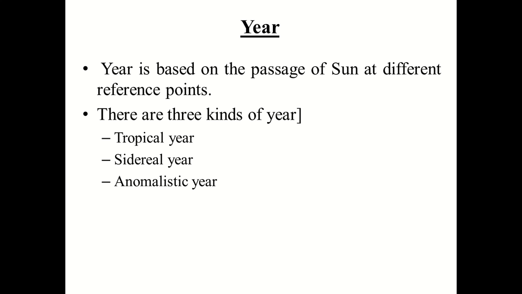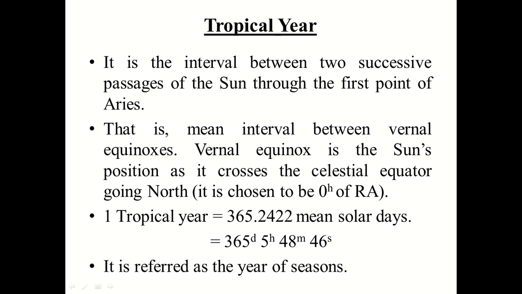Based on that we can discuss three types of year. One is called the tropical year, the second one is called the sidereal year, and the third one is called the anomalistic year. First of all, let's see what a tropical year is.